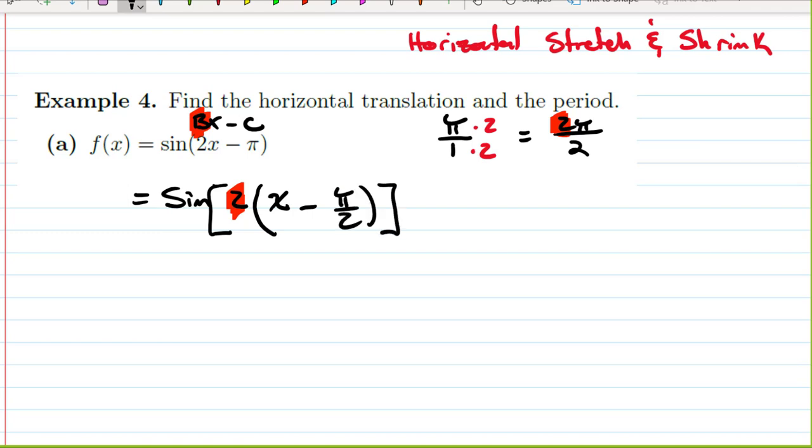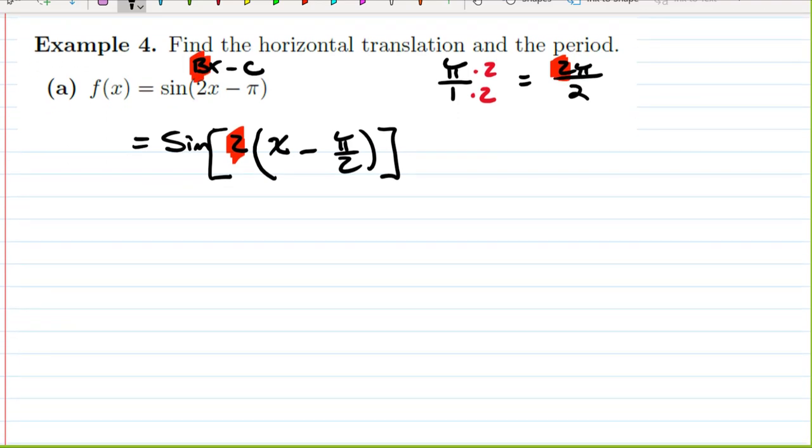So we can factor out a coefficient that isn't there by building a fraction as needed to create the coefficient that we want. So now we can use this to find the horizontal translation. It's going to shift right pi over 2 units.